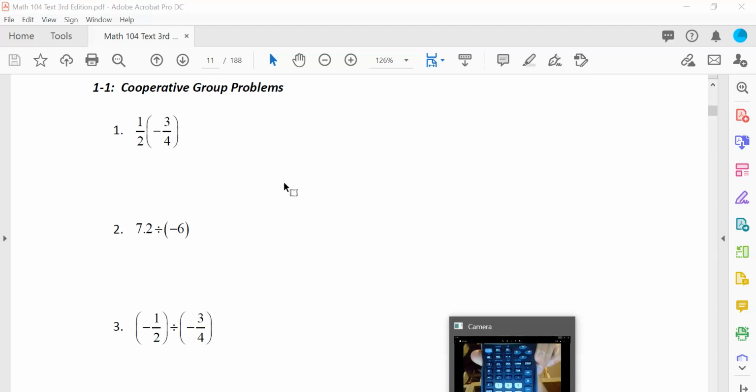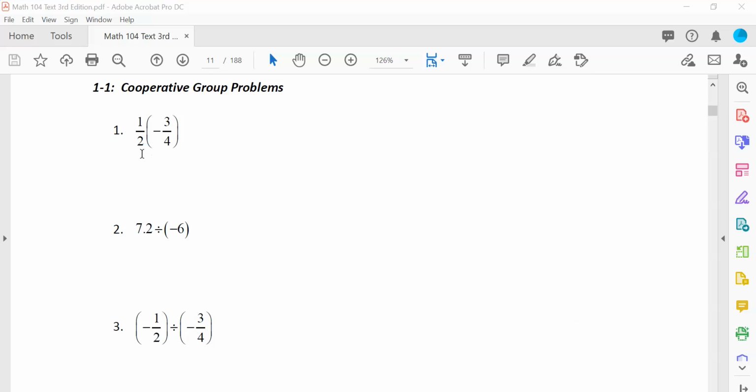So let's do 1/2 multiplied times -3/4. There's our calculator. Type in 1 and then the divide button, 2, and then use the parentheses, negative. Remember the negative is the lower white key there.